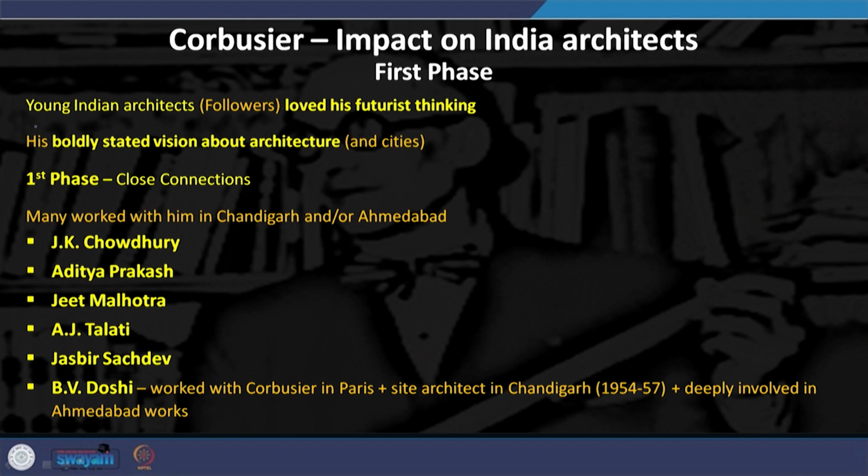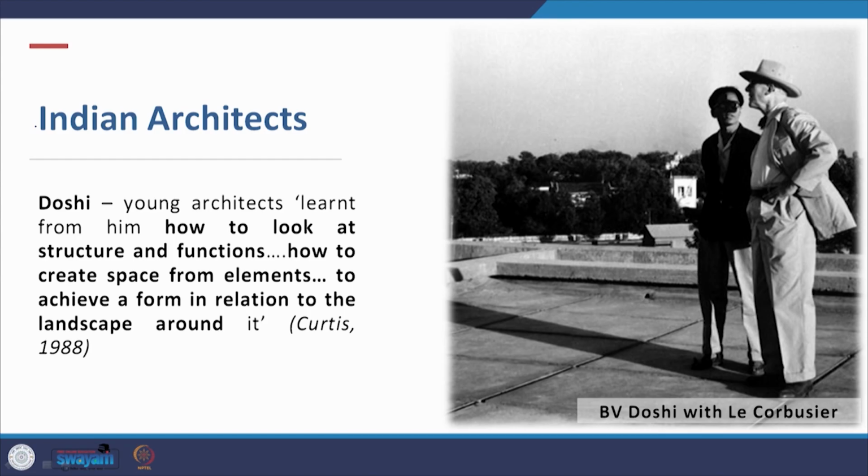So there is J.K. Chaudhary, Aditya Prakash, Jeet Malhotra, A.J. Talati, Jasbir Sachdev, and of course B.V. Doshi, who worked with Corbusier in his atelier, in his office in Paris, and then was a site architect in Chandigarh and was deeply involved in the works of Ahmedabad. Doshi said that young architects learned from Corbusier how to look at structure and functions, how to create space from elements, and to achieve a form in relation to the landscape around it.